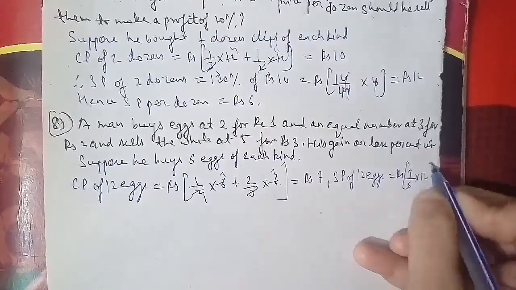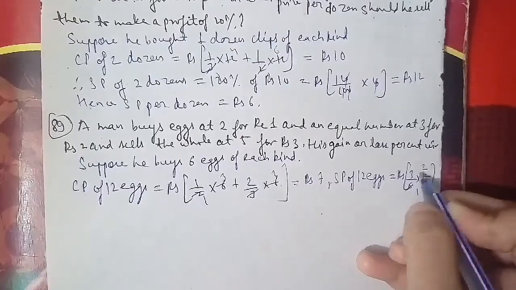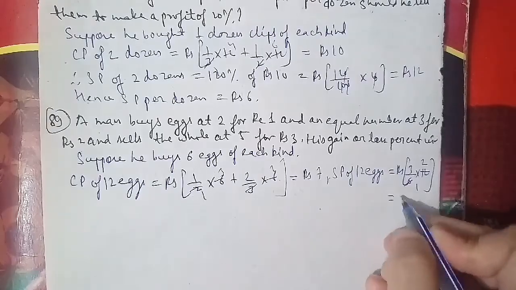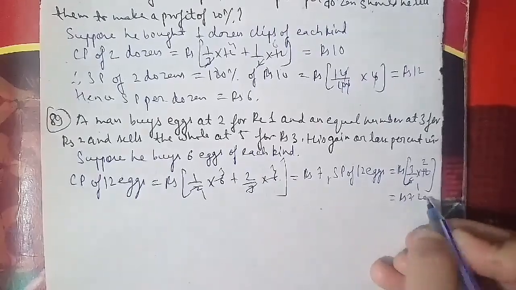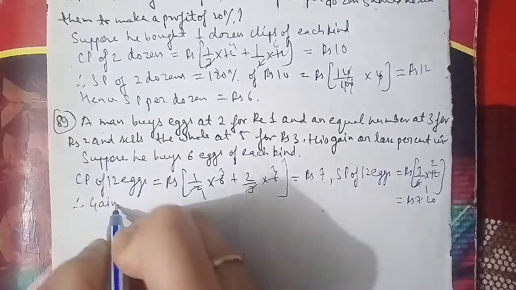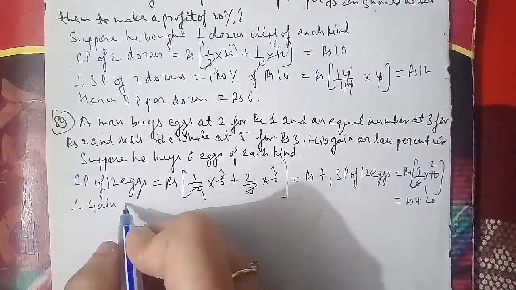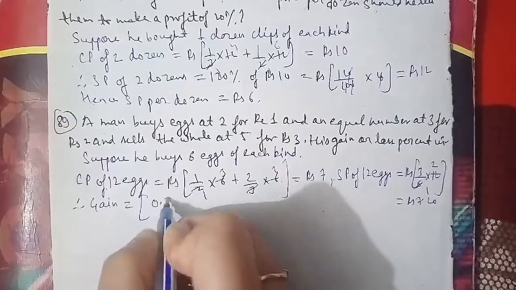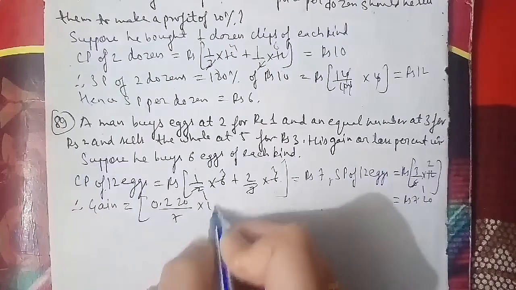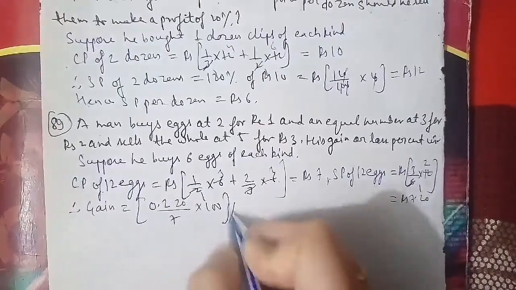Now we go ahead for the next question, which is the 90th question of the session. A man bought some oranges at rupees 10 per dozen and bought the same number of oranges at rupees 8 per dozen.